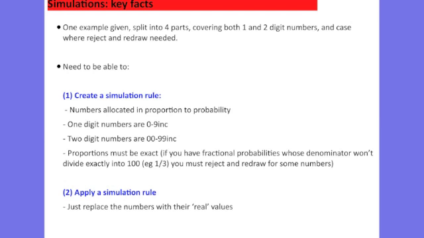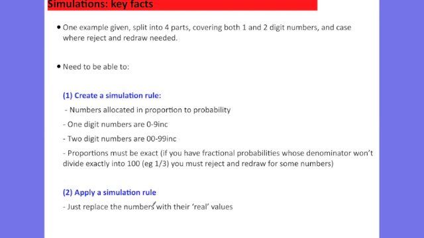Simulations are quick and cheap, easily altered and repeatable. There are several ways of introducing randomness into a simulation. We can use coins, dice, random numbers from a calculator or from the random number tables. You need to be able to create a simulation rule, and you need to be able to apply this rule.